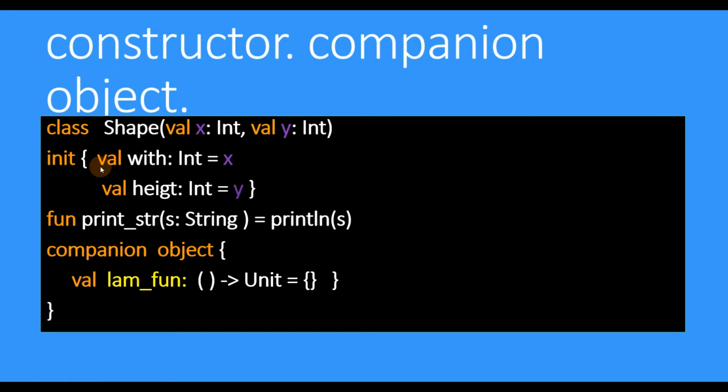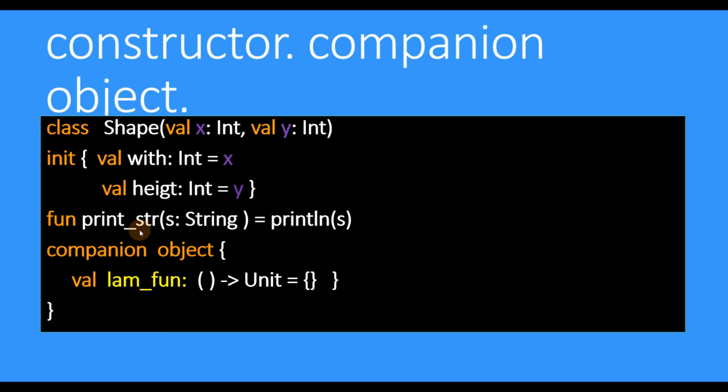Actually, there can be multiple initializer blocks, and they will be executed immediately when we are initializing this class. So they are adding code to the primary constructor. Like here, these will be executed first. If we would move it down inside of this class body, it would still be executed first because it's part of the primary constructor of this class.